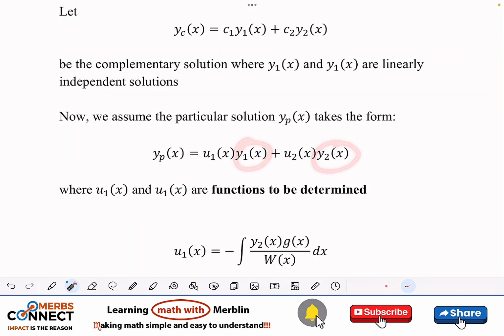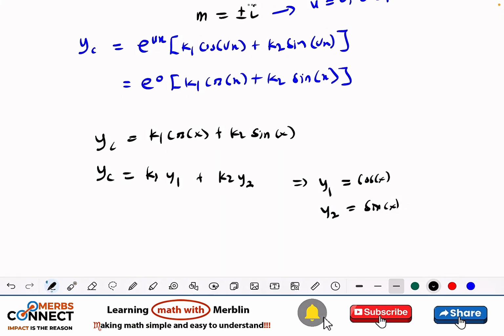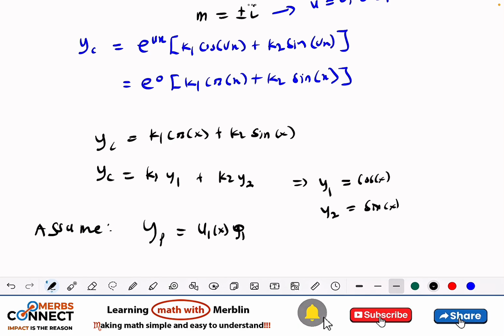So now we can assume our particular solution, right? So assume yp to be equal to u1 of x times y1 of x plus u2 of x times y2 of x.